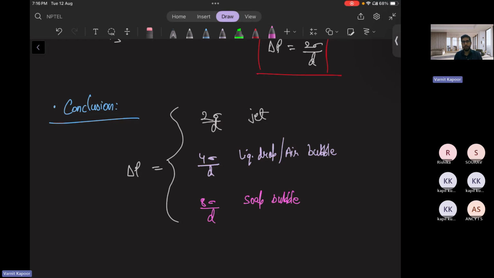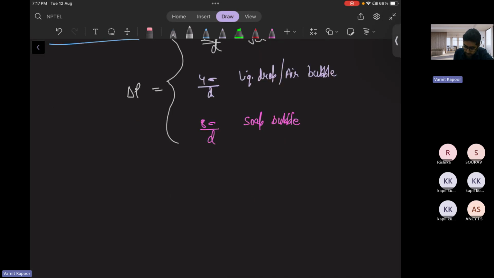That's why the vendor blows air at a very fast speed from his mouth, and you also observe that a lot of waviness happens, and then the bubble exits from that frame. So it takes a lot more pressure difference. That is, the inside pressure should be much higher compared to the atmospheric condition. Whereas a jet is easily formed.